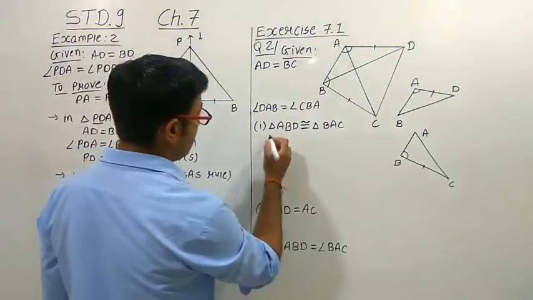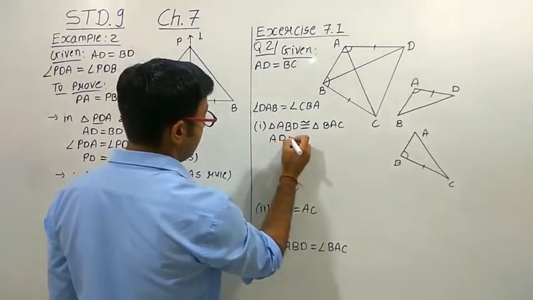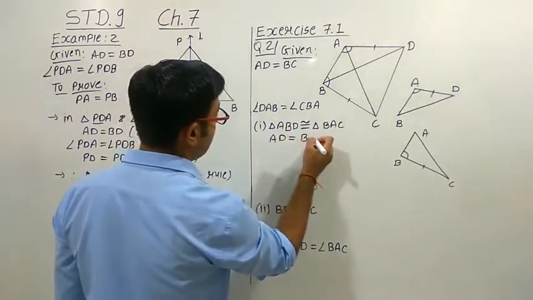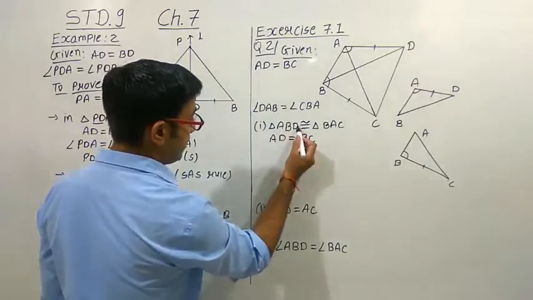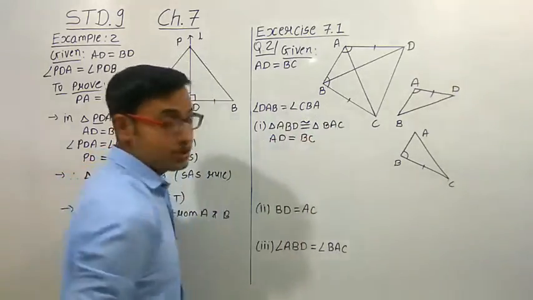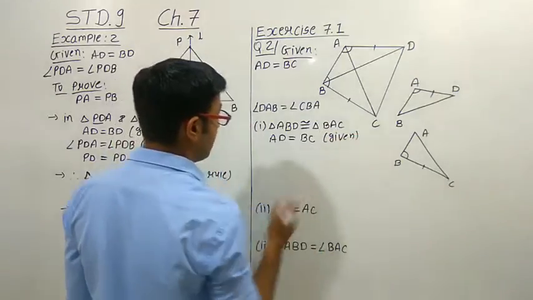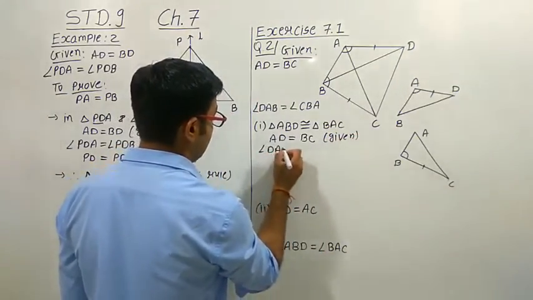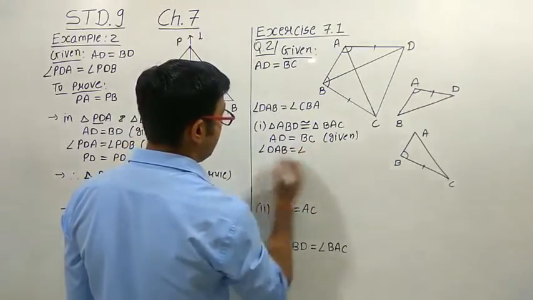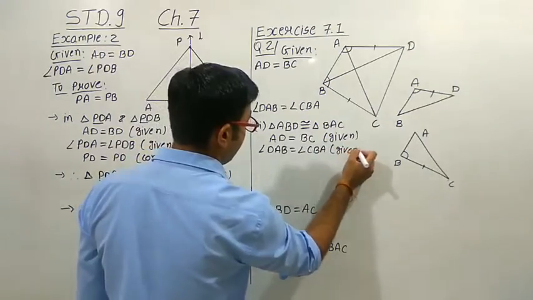So let's write down that in both triangles AD is equal to BC. Here we take the first and third letter, and here also we take the first and third letter. This condition is given. The second condition is of the angle: angle DAB is equal to angle CBA. This is also given.